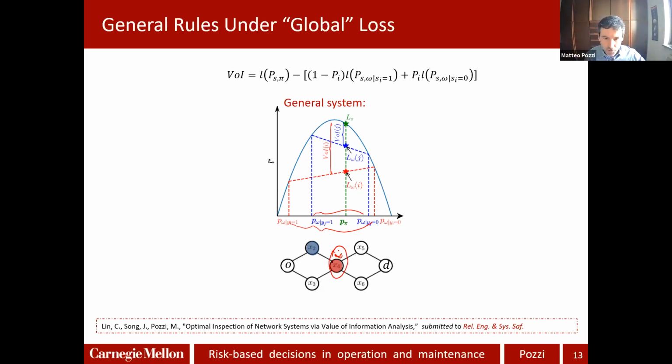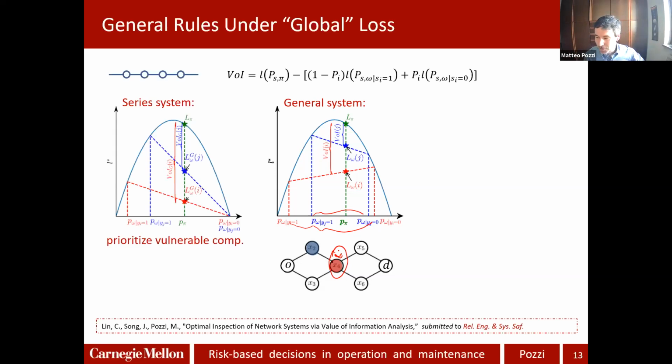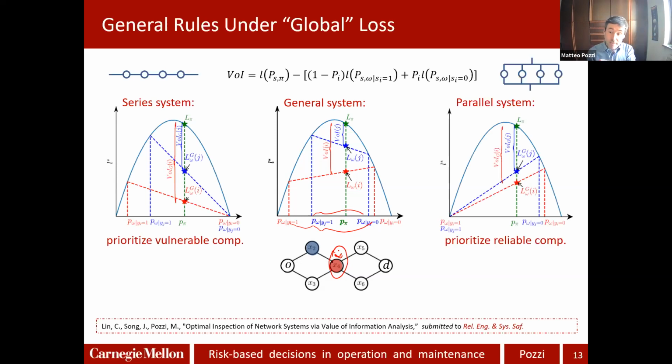This is something that we proved, with a very simple application for a series system. In this setting, you should always inspect the most vulnerable component. In a parallel system, instead, you should inspect the most reliable one.